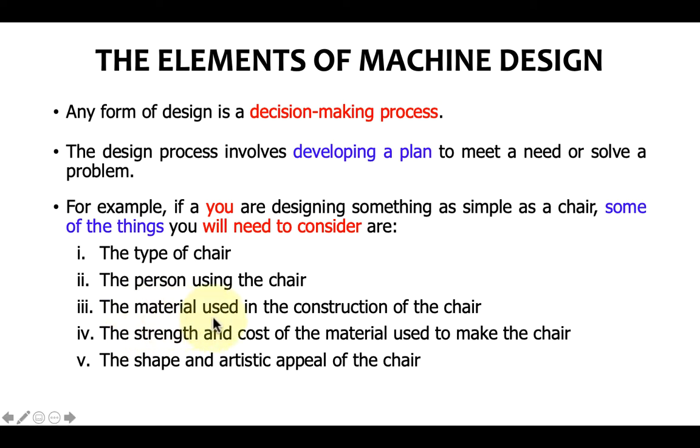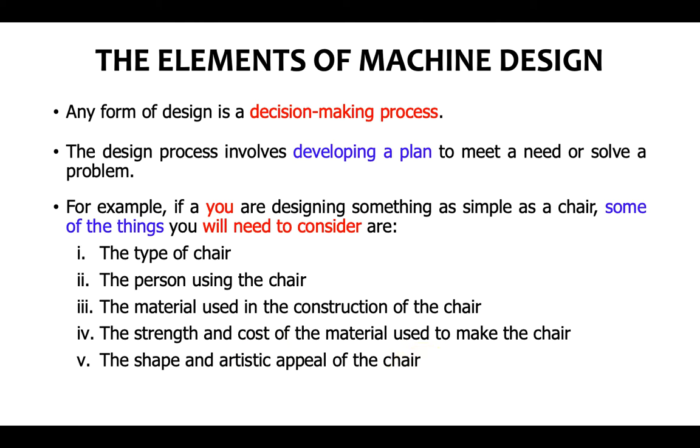The material used in the construction of the chair, like wood, metal, plastic, or a combination of materials. The strength and cost of the material used to make the chair are one of the things to consider. Another consideration is the shape and artistic appeal of the chair.